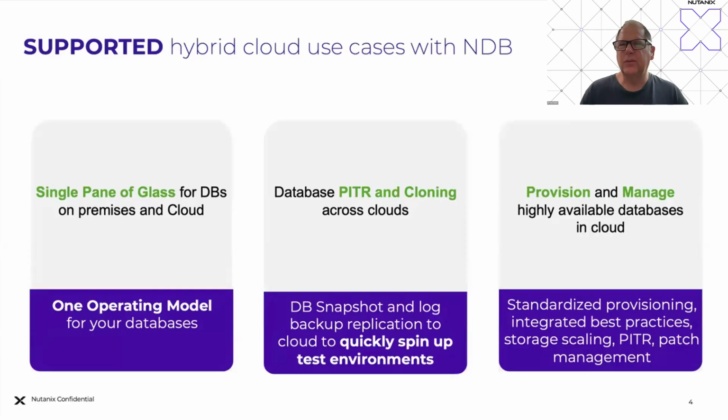Let me highlight some of the key capabilities that are unique around hybrid, because I think a lot of times customers pick the location for where they run their databases.